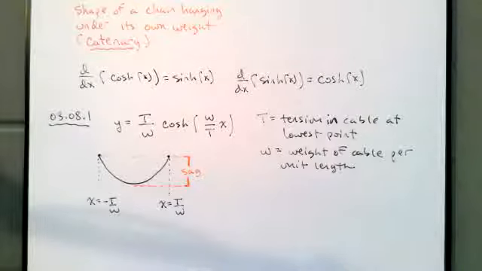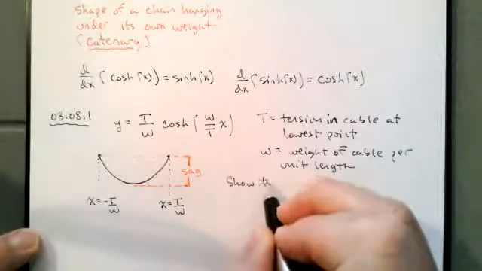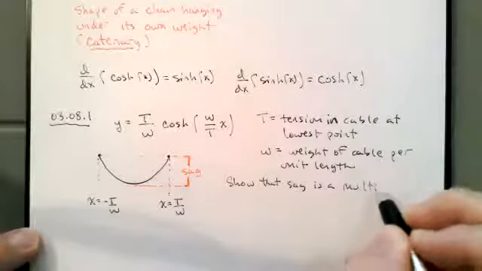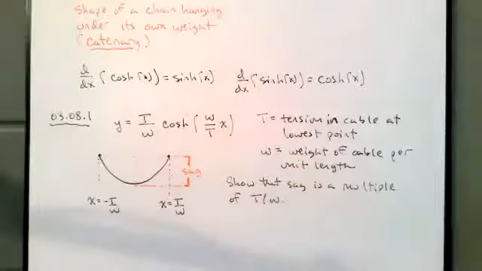And we're asked to show that the sag of the cable can be expressed as a multiple of T over W. So our job is to show that sag is a multiple of T over W. This is going to require us to recognize some things about this particular function.